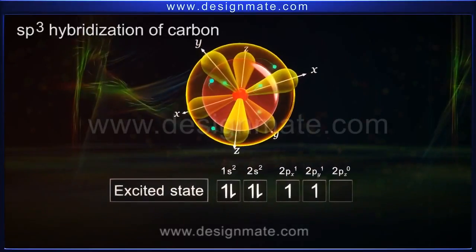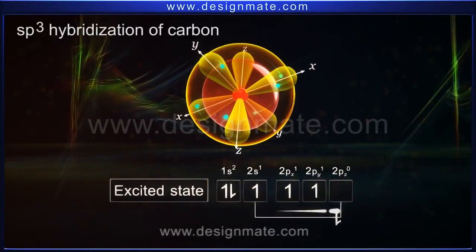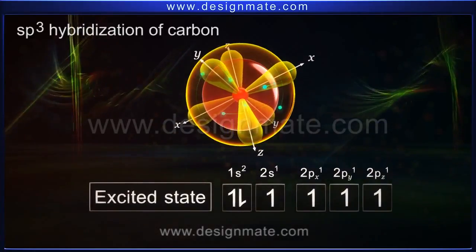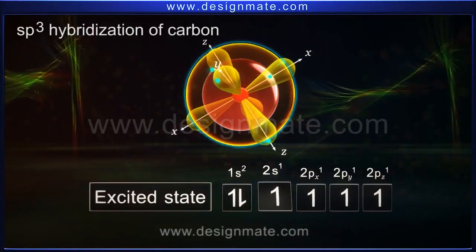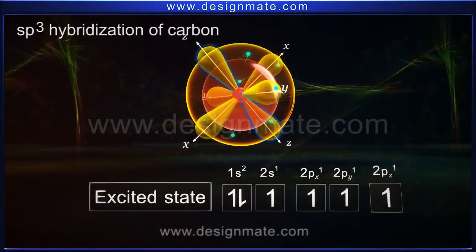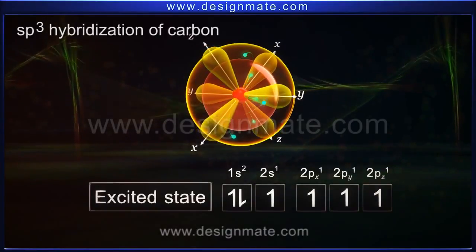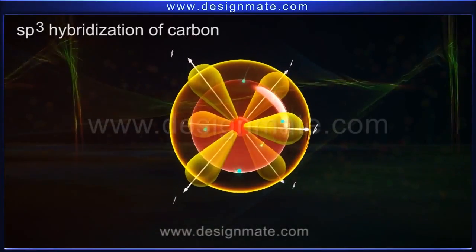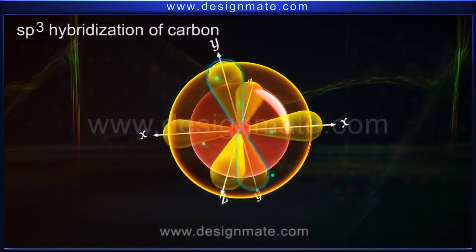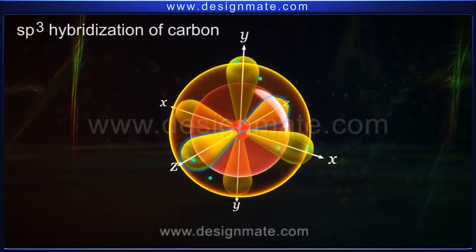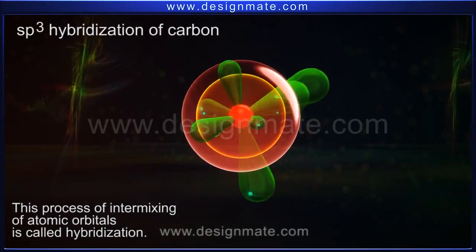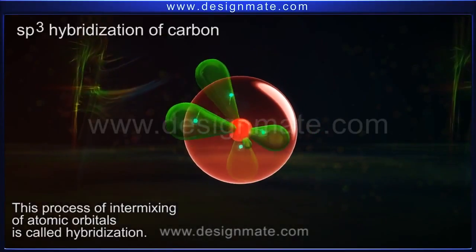On excitation, an electron jumps from the 2s orbital to the vacant 2pz orbital, resulting in an electronic configuration of 1s2, 2s1, 2px1, 2py1, 2pz1. In the next step, the 2s, the 2px, the 2py, and 2pz orbitals of this atom intermix. This process of intermixing of atomic orbitals is called hybridization.